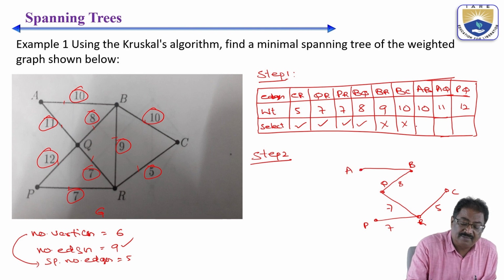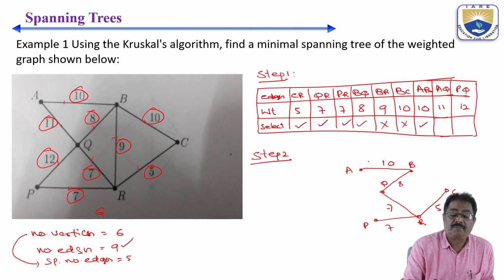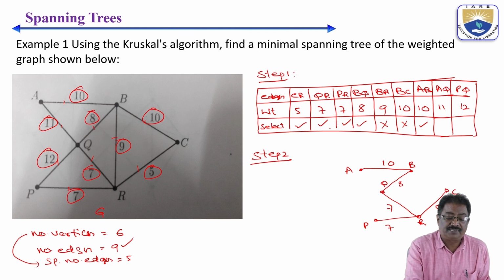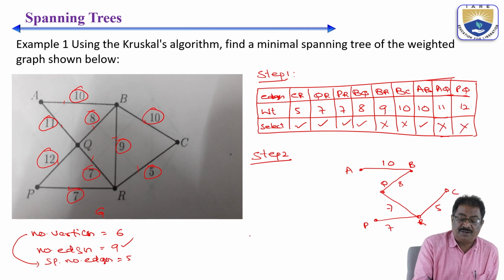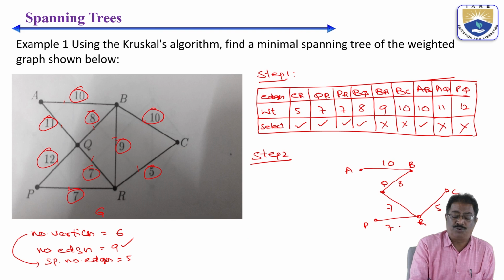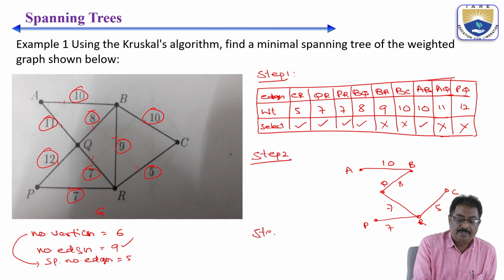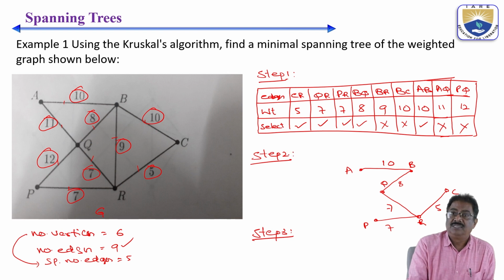So AB is 10. So how many edges did we select? Only 5 edges were selected. While selecting, it should not form any cycle, and the remaining edges, remove those. The process is continued up to n minus 1 edges. See, n minus 1 edges is over.